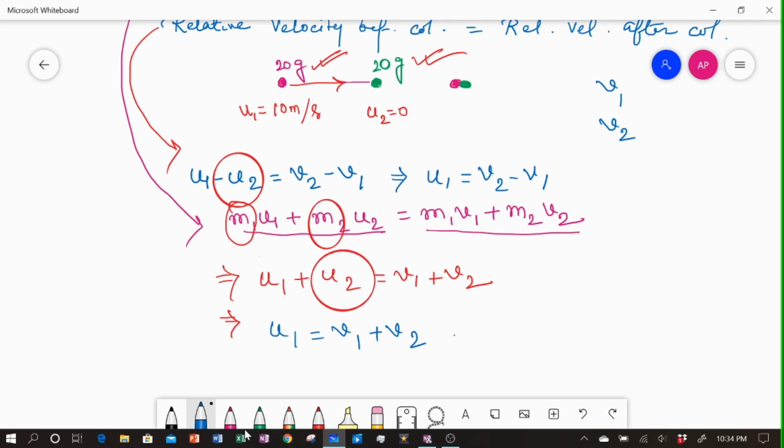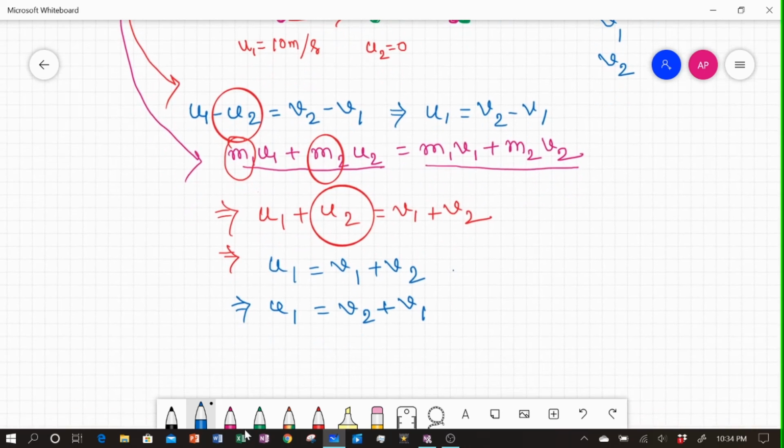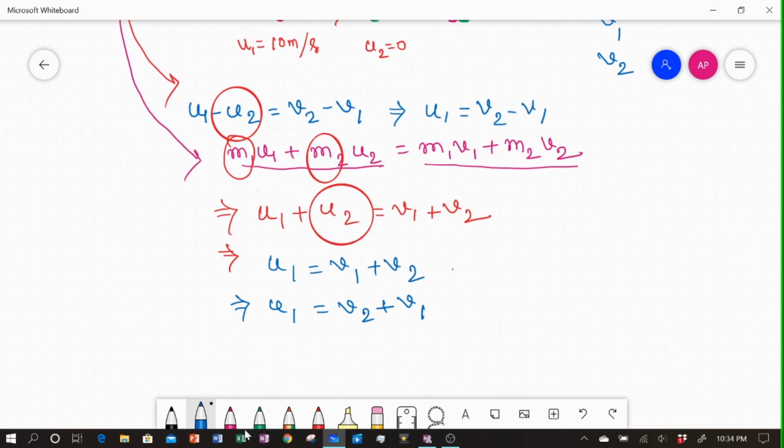That is, we can write it as u1 equal v2 plus v1. See, if this is 1 and this is 2, these two equations will hold simultaneously if and only if v1 equals 0.